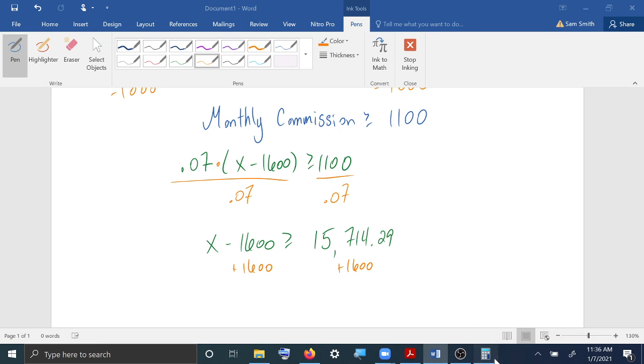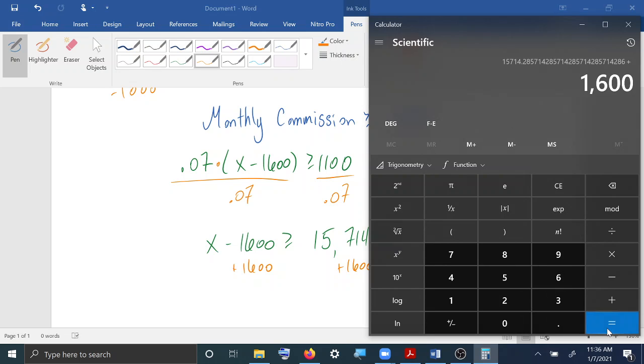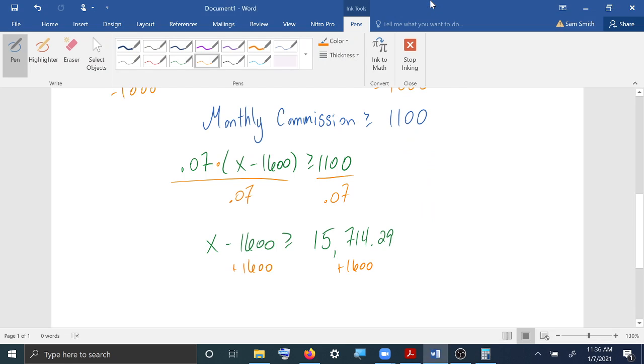Let's work that out in the calculator as well. Plus 1,600 gives us 17,314.29. So if our sales is anything larger than that, then we will have enough to pay our bills.